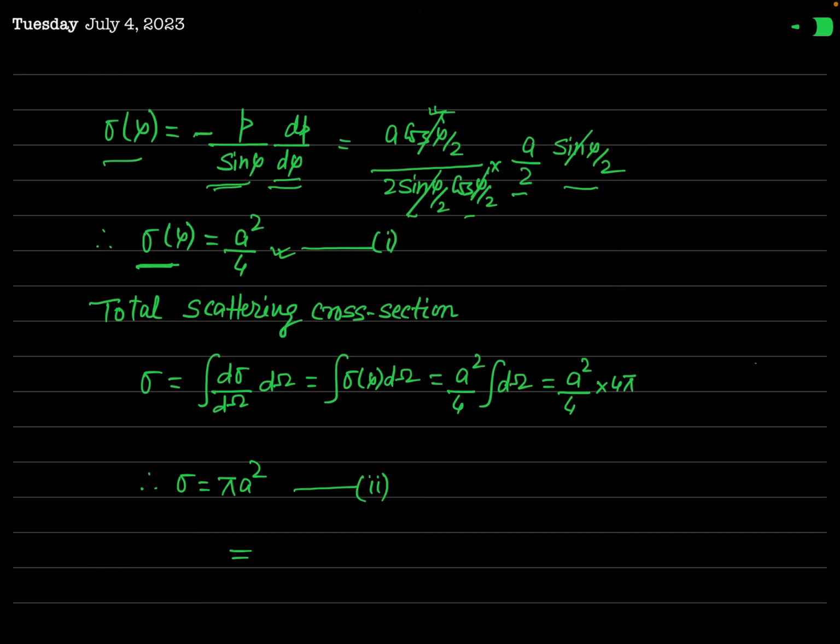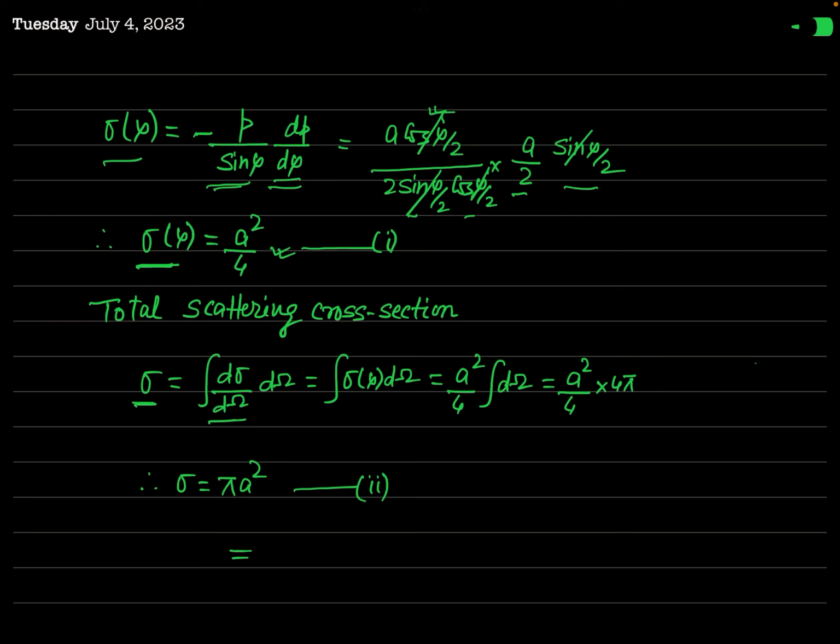Okay. Now, you can easily find what will be the total scattering cross section. As you know, the total scattering cross section denoted by this symbol sigma will be simply the integral of the differential scattering cross section. This d sigma by d omega is the differential scattering cross section.